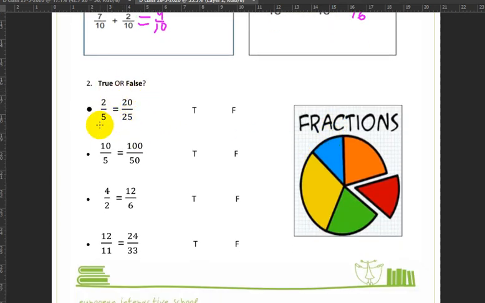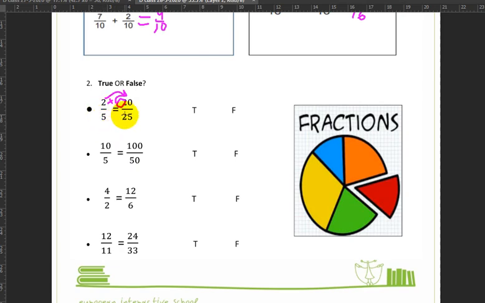True or false? 2/5 is equal to 20/25. This is false. Let's prove why. If you're confused about where to start, the answer is wherever you want. If you start from the top, you ask, 2 times what gives me 20? 2 times 10 gives me 20.